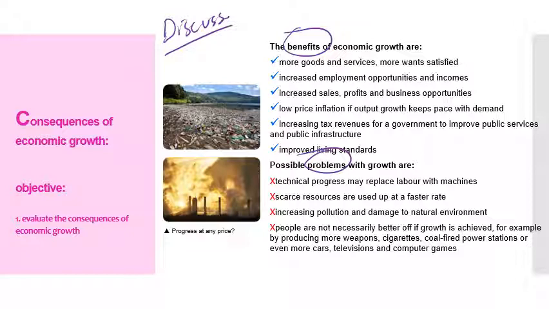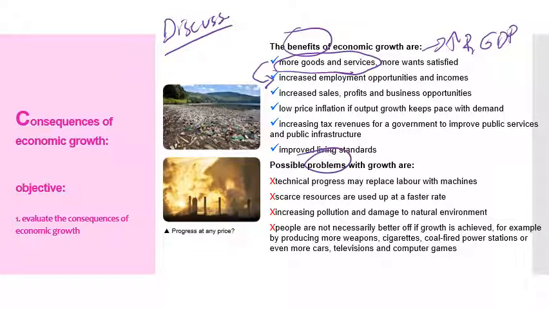Economic growth, remember, means there is an increase in real GDP. So it means they are producing more. So we are having more goods and services, which makes people happier because more wants could be satisfied. Now, when we are willing to produce more goods and services, it means we will need more people in order to produce them.